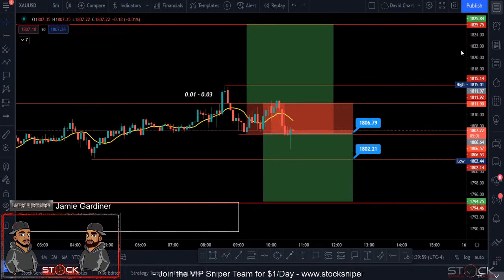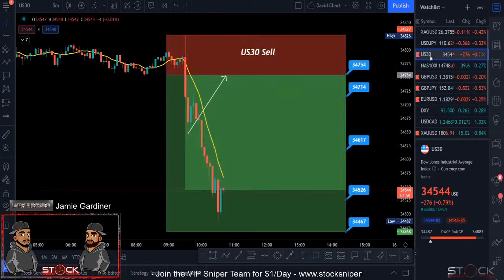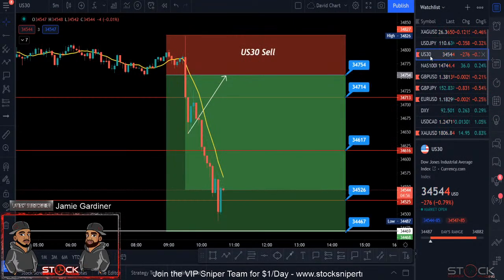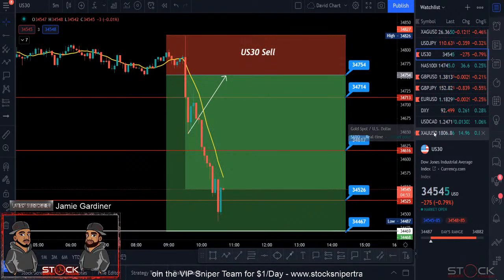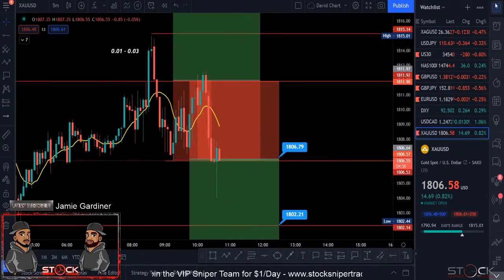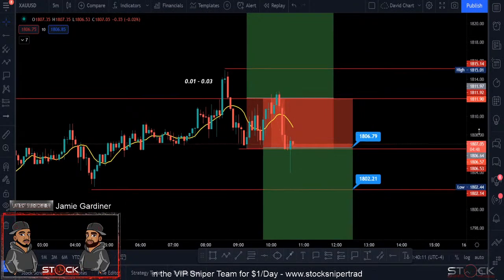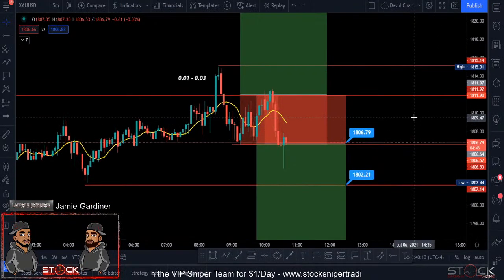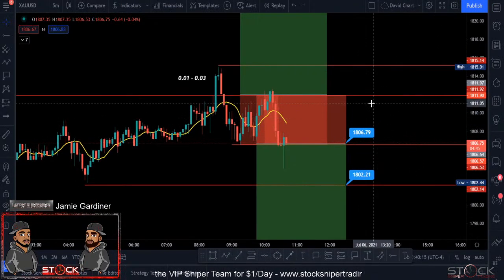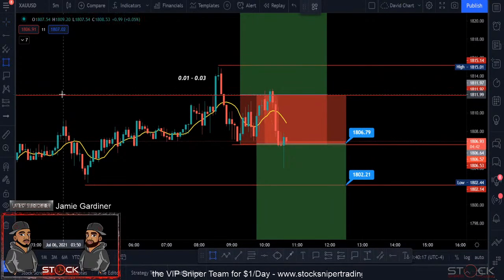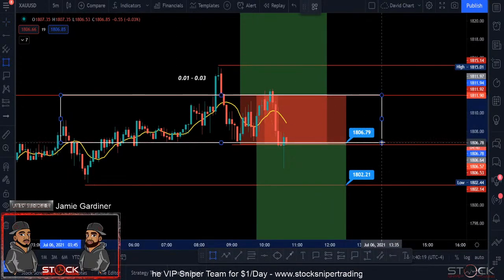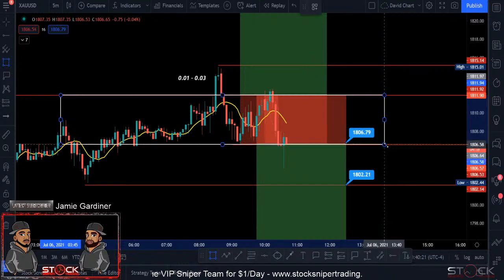Okay, let's check this US30 trade last time. Starting to make some upper movement here. Said that before, so just keep that in mind. Guys, they have a zone here. It's clear, right here. See what I mean?